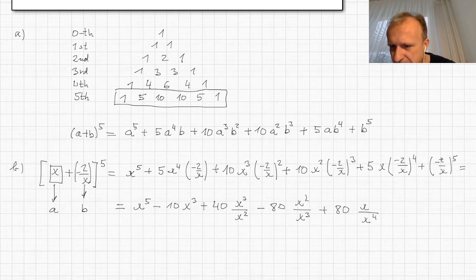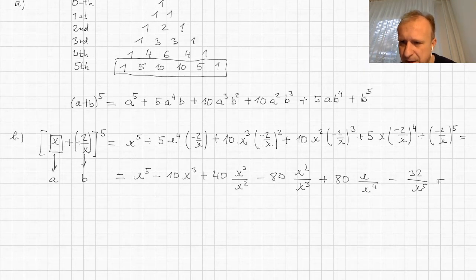And finally I have the negative term, because 5 is an odd power, so the negative 2 to the power of 5 must be minus 32. 2 to the power of 5 is 32, so it's minus 32 over x to the power of 5.